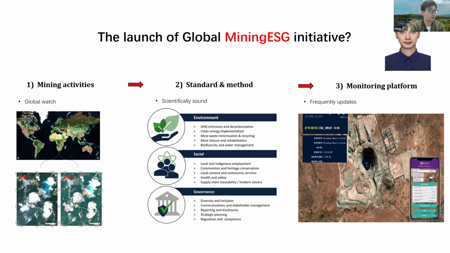So what I'm going to share is the pathway we can create. The first one is to focus on mining activities. So many activities are spanning the world, and for a lot of them we don't have data. We don't know where they are operating now. So we need to focus on each mine, site by site, through different data sets and technologies like remote sensing to detect and monitor the activities.